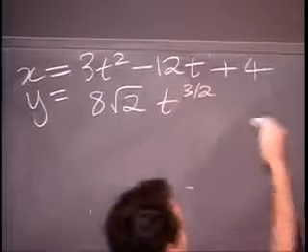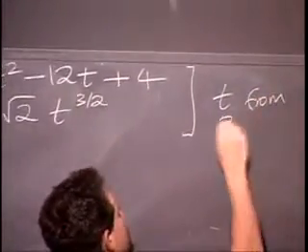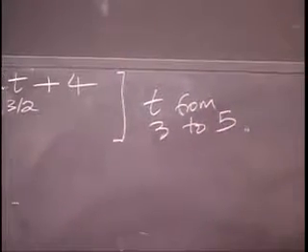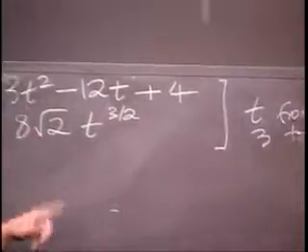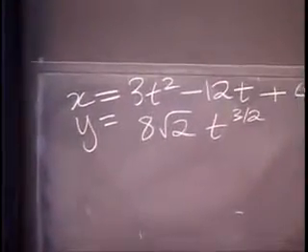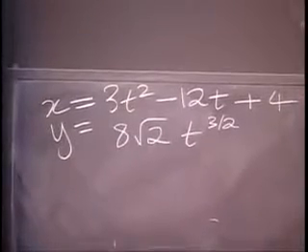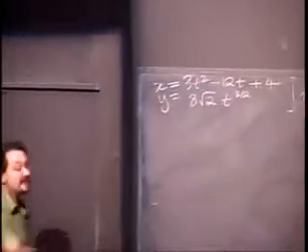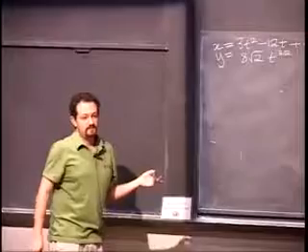And t is a parameter that goes from 3 to 5. Every t you plug in between 3 and 5 will give you a pair of coordinates x and y. And you do this for every t between 3 and 5 and plot the points you get, and you'll get some curve. Could even intersect itself, unlike a regular function.